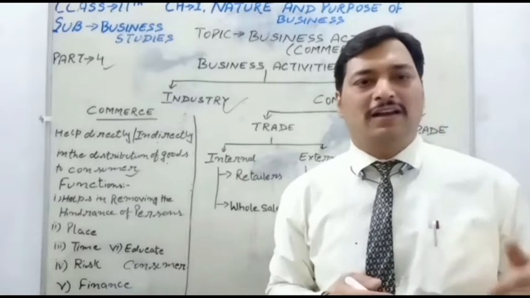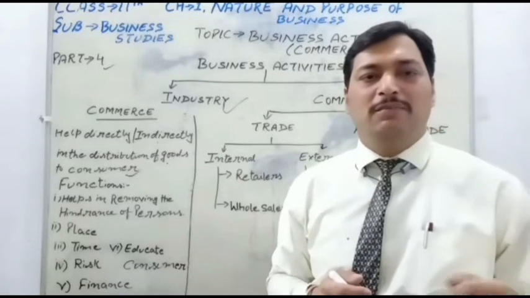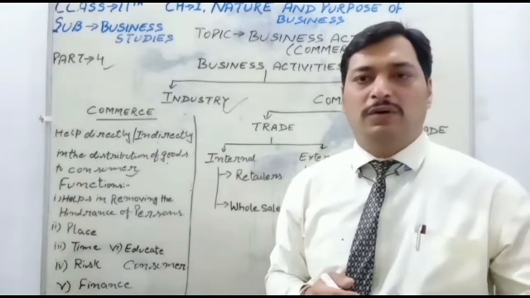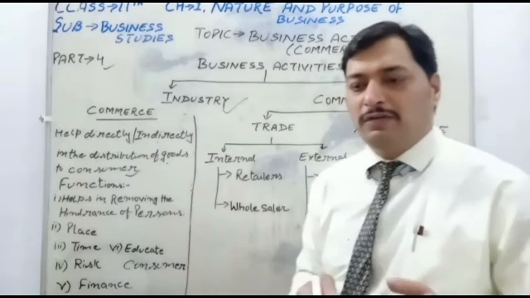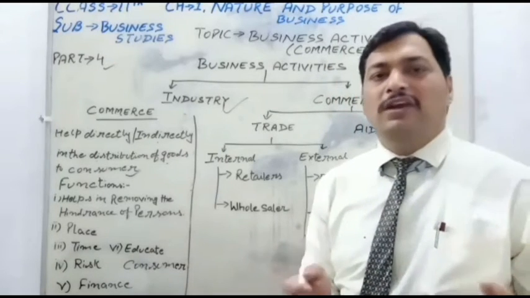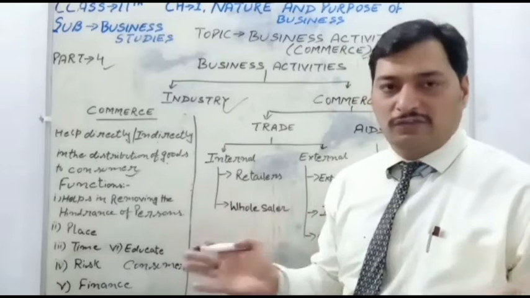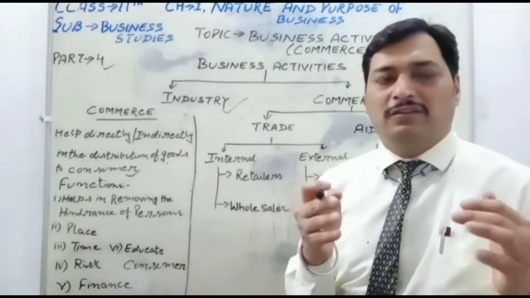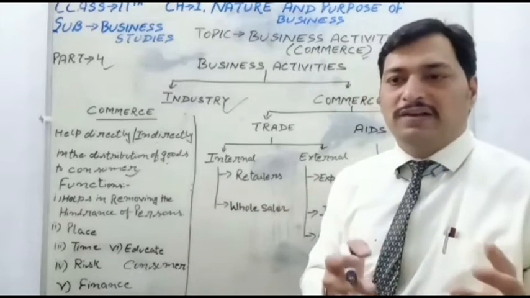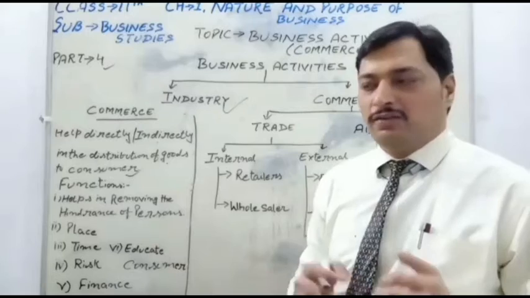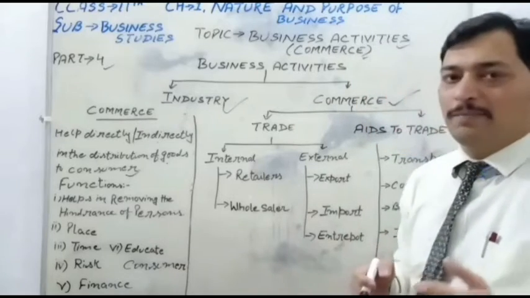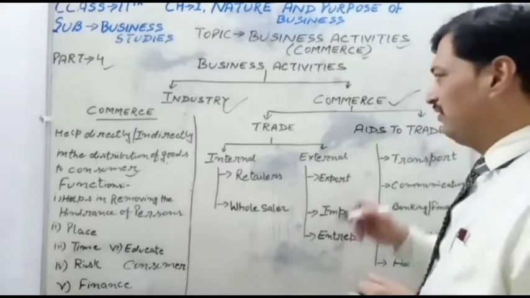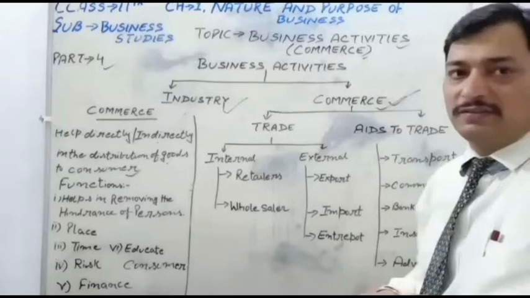The consumers live in one place, and the manufacturers produce the goods in another place. The manufacturer does not know about the taste of the consumer, what is going on in society, or which type of goods are in demand in society. All these things are made very easy under commerce.